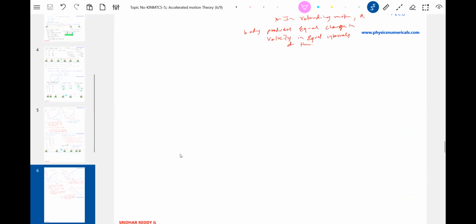Okay, last one more. How are the average velocity and the instantaneous velocity related? We know for an accelerated motion, V equal to U plus AT, we'll write it. Then how do you find the average velocity? Average velocity is given by integral of V dt by integral of dt for any interval of time. That's the basic definition; the average of any quantity you can find.